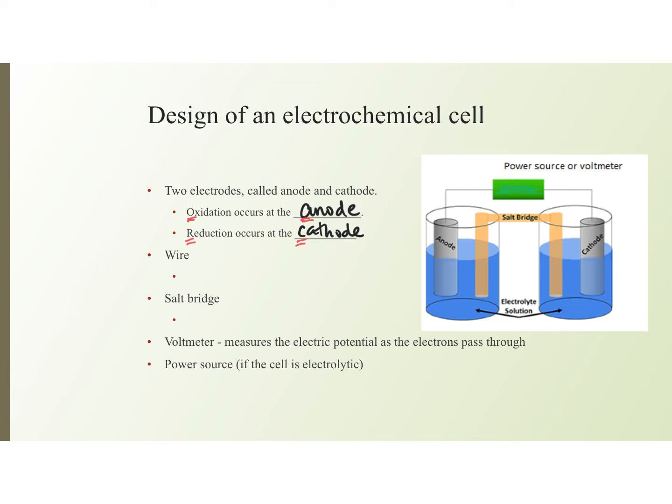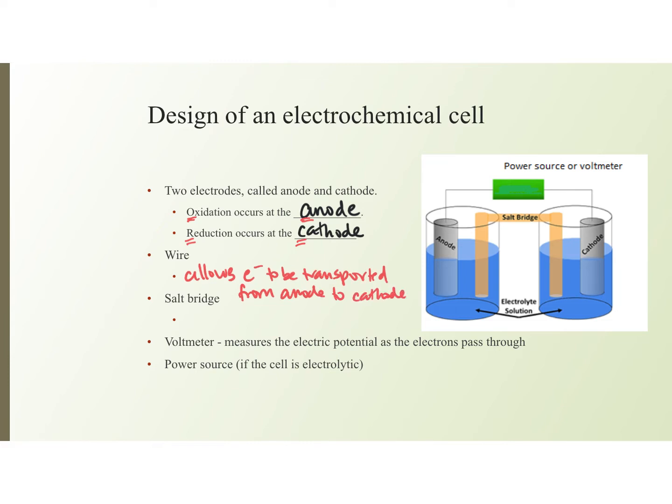Okay. So the next part of the electrochemical cell is the wire. And this is the example of the wire that's connecting the two electrodes. And the wire is something that allows the electrons to be transported from the anode to the cathode.